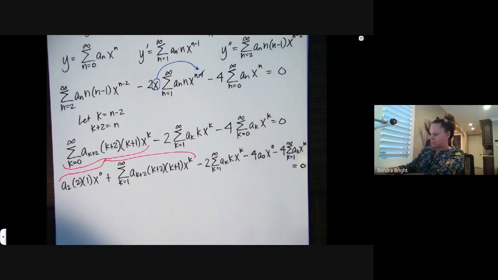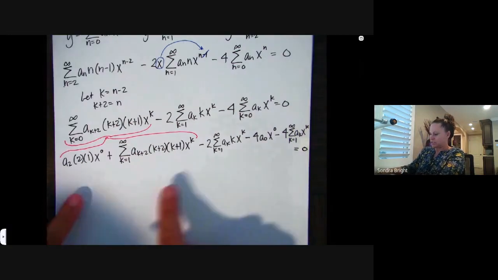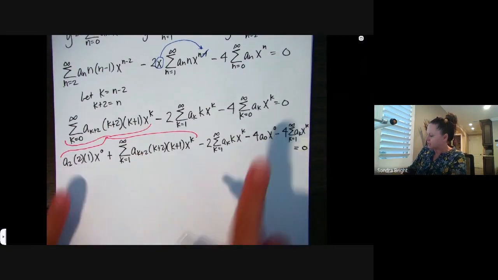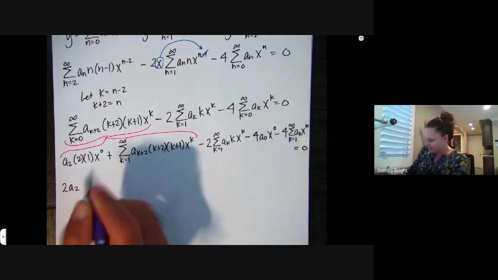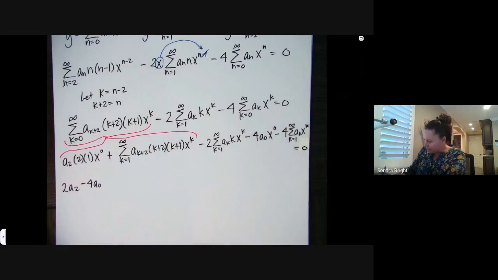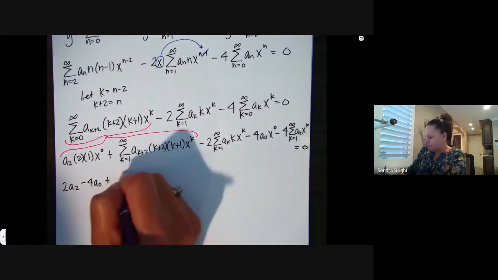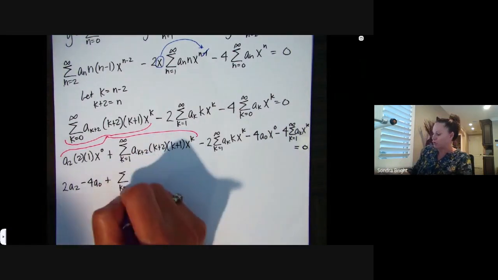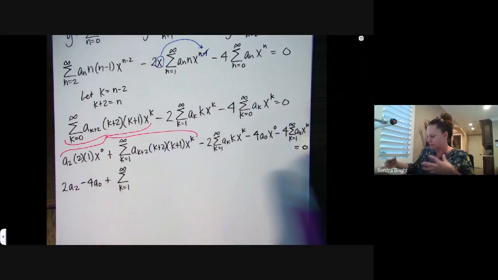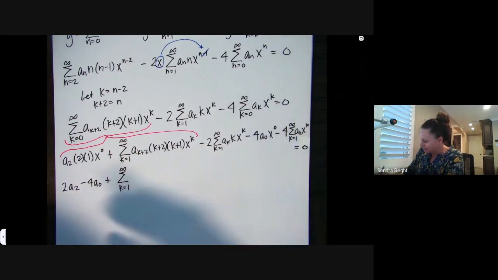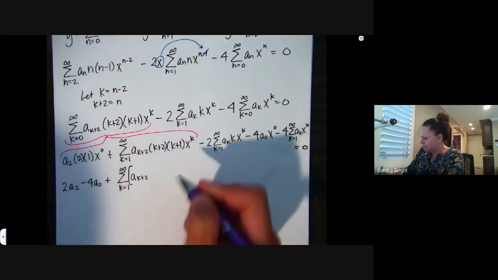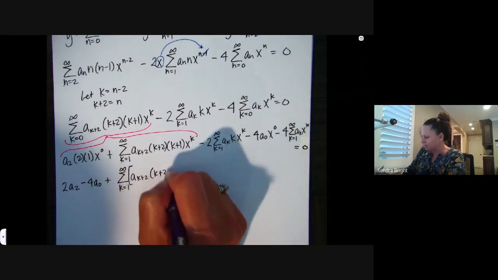So I have these two guys, right? So I've got, what is that? A 2a2 is what this one is. And over here, a minus 4a naught. And then I have a plus sigma, and I'm going to pull them all together, right? They're all starting with k equals 1. They all have an x to the k. So I can group them all together. This is a sub k plus 2 times k plus 2 times k plus 1 times x to the k.